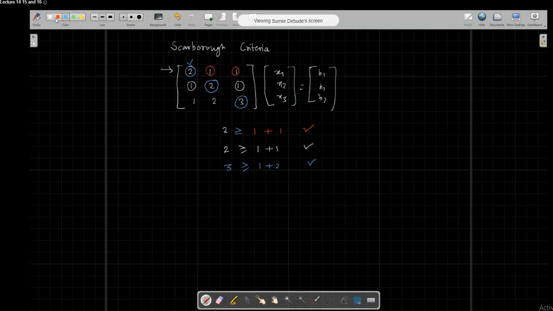Now in this case, the equal to condition is satisfied in each row. But for convergence, at least in one row, the central element a_ii should be greater than the sum of the other elements a_ij, where j is not equal to i.